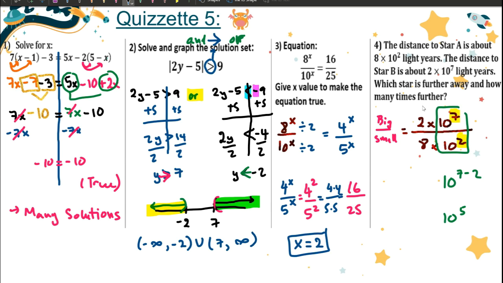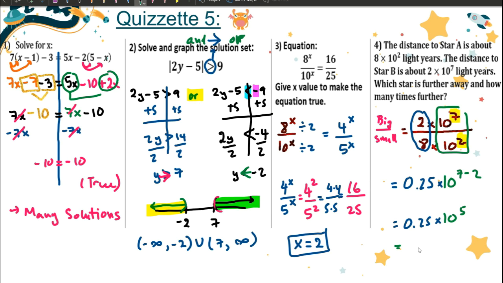Then we can divide the whole numbers. 2 divided by 8 is 0.25. Sorry, I just do math in my head. 2 over 8 reduced by 2 gives you 1/4, a quarter, which is 0.25. Alright, 0.25 times 10 to the 5th power.